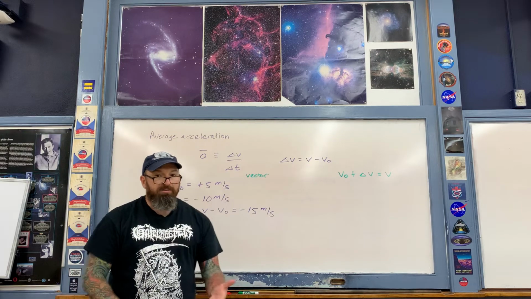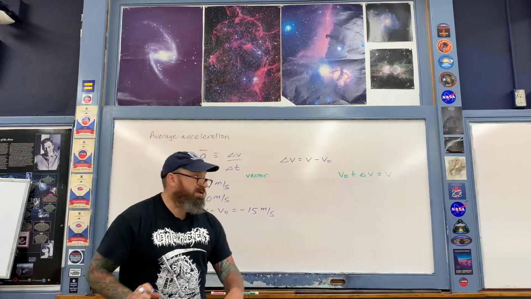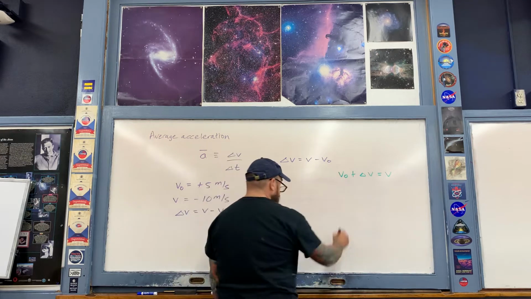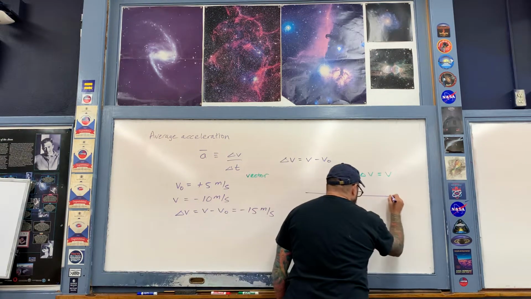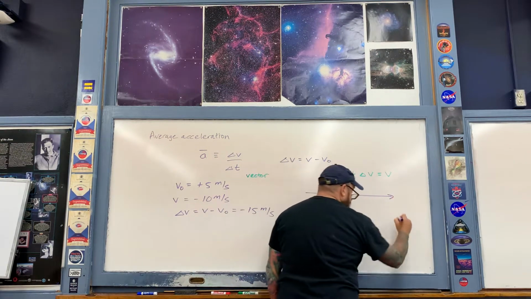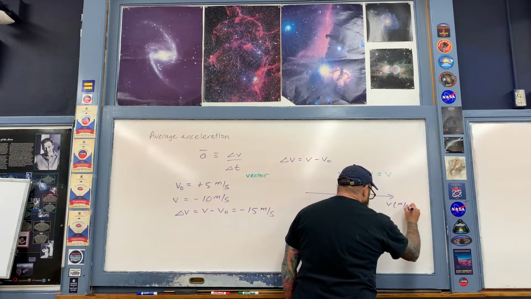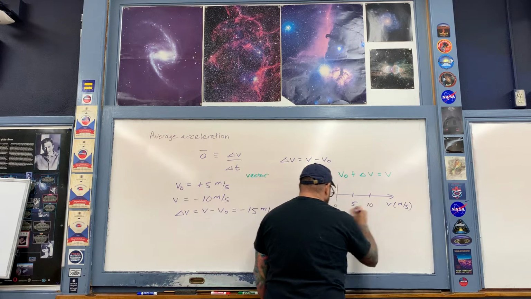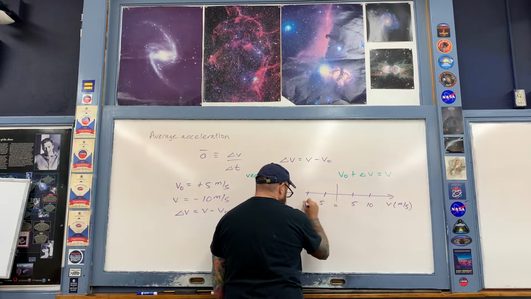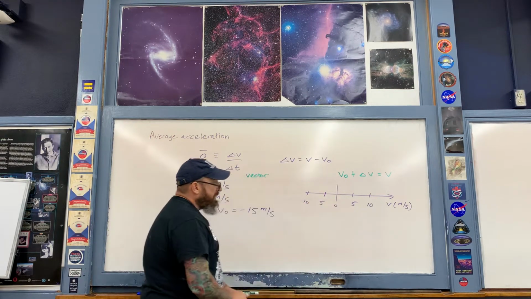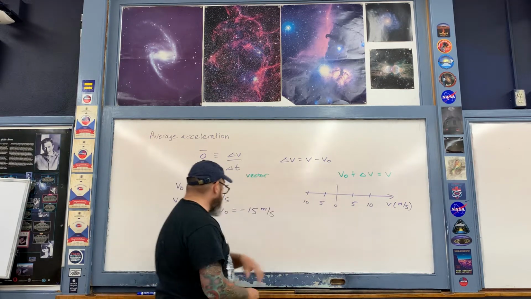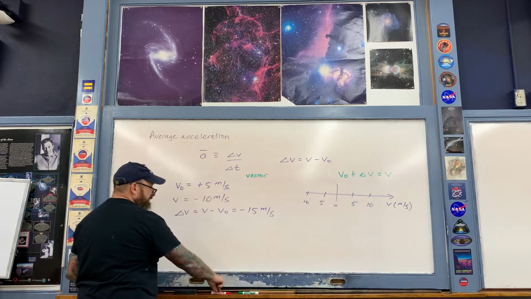And then on a number line representing velocity, here's how we describe the tail to tip method of vector addition. All right, so this number line here doesn't represent position, it represents velocity in terms of meters per second. So let's say 5, 10 to the right, and then 5, 10 to the left, like so. And now using the tail to tip method, we begin by drawing the initial velocity V naught, that's positive 5 meters per second.